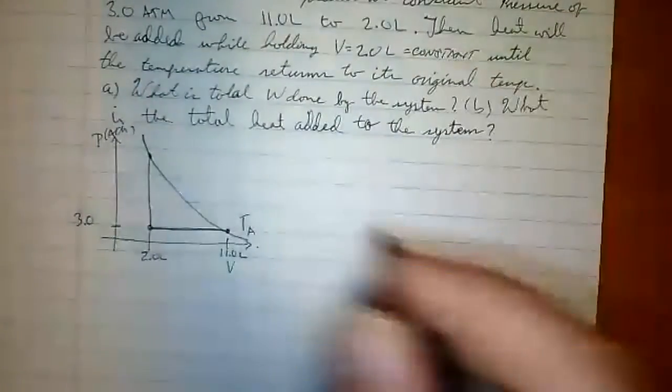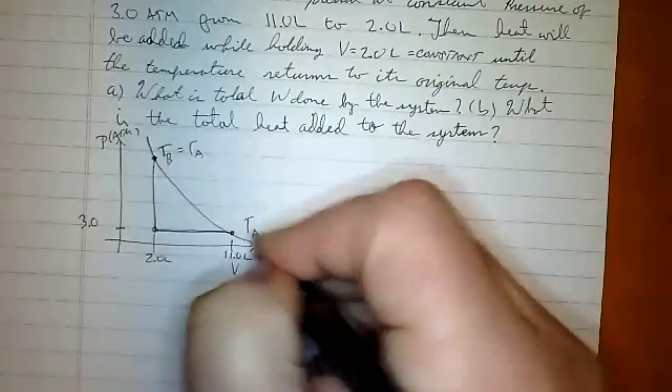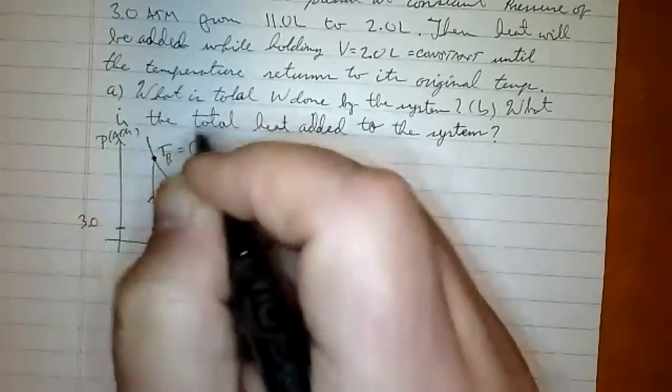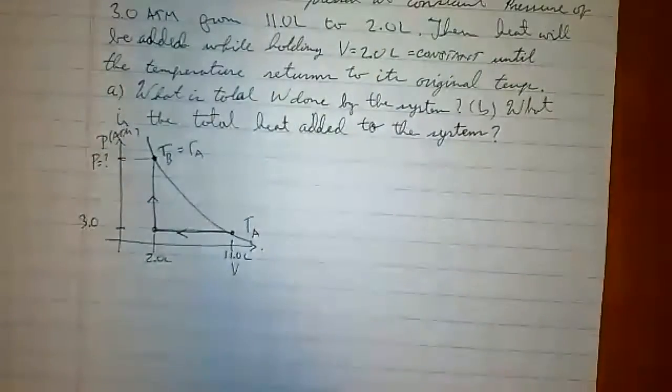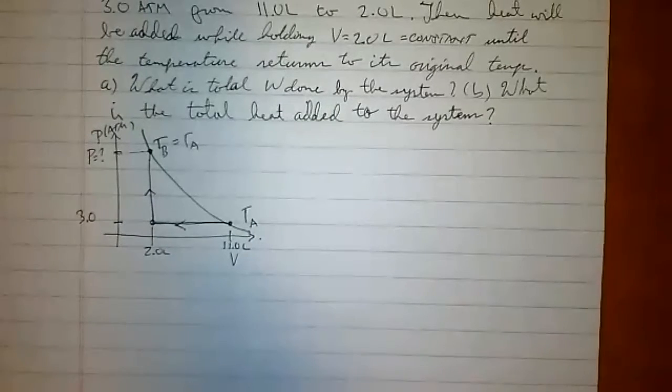And it's going to rise until it lands on what we call an isobar, or excuse me, isotherm. Sorry about that. That is going to be TB equal to TA. In other words, this is the curve for constant temperature, and we're going from here to here and then from here to here. This goes from 3 atmospheres to whatever the final pressure is. We're not asked that, but we're going to figure out the total work done. So that's the actual process we're going through.